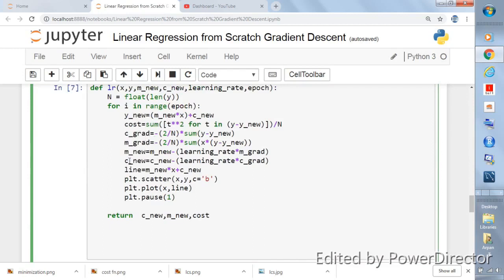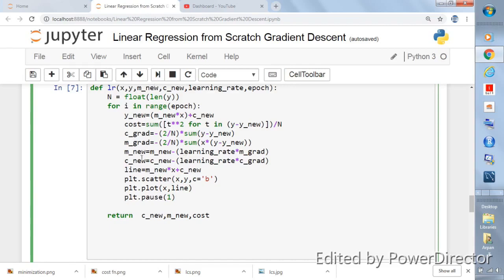Once you get the grad, you can find the new m by old m minus learning rate times the gradient. Similarly for c, the c new keeps on updating. So this is the initial value we feed in, and that just keeps on iterating for the second epoch, third epoch, and so on.